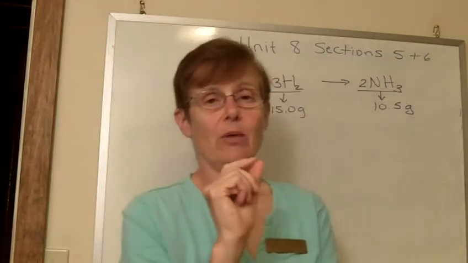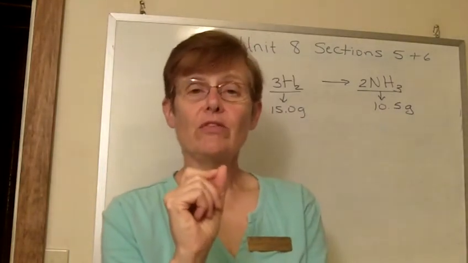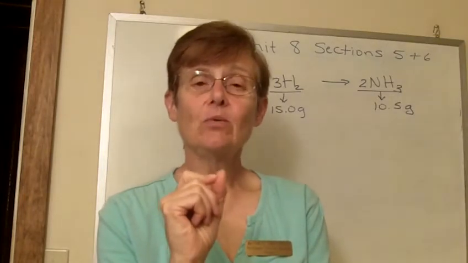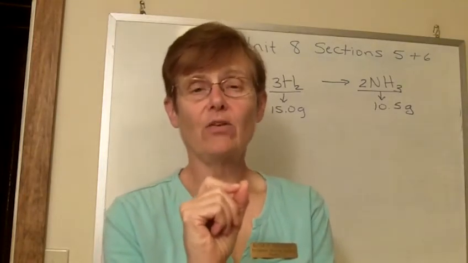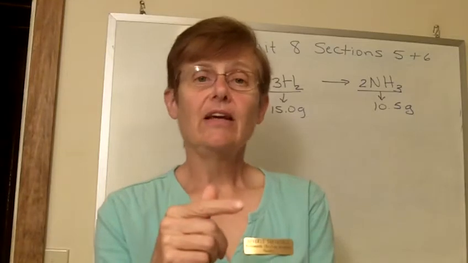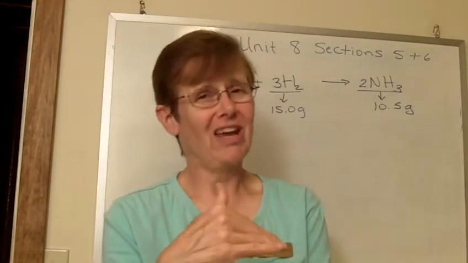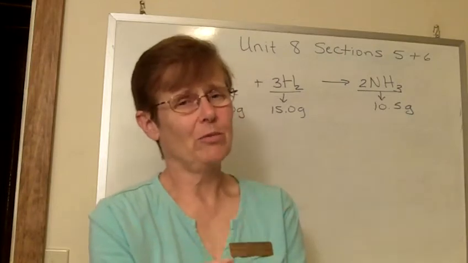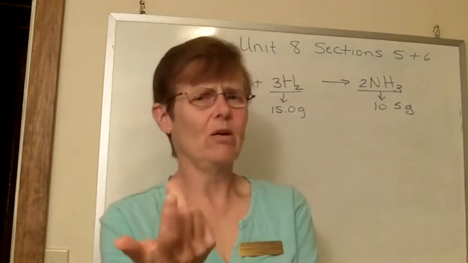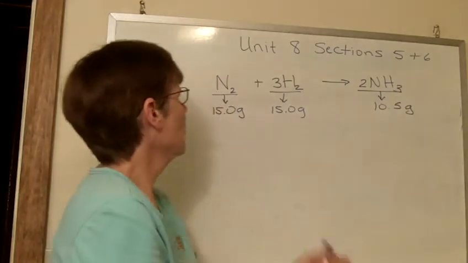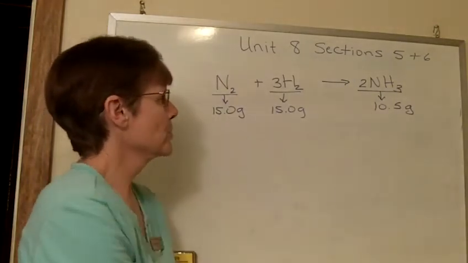So our first job is to figure out which one of these reactants is the limiting reactant, which one ran out first, because that will tell us that maybe mixed in with our product, we're going to have some leftover something else. Whichever one gets left over is going to be mixed in with the product, and we would need to know about that. So we want to know which one of these might have leftovers.